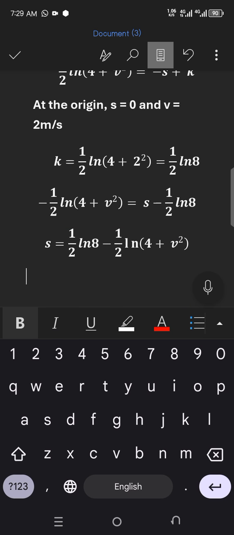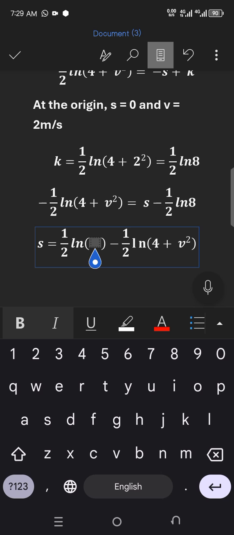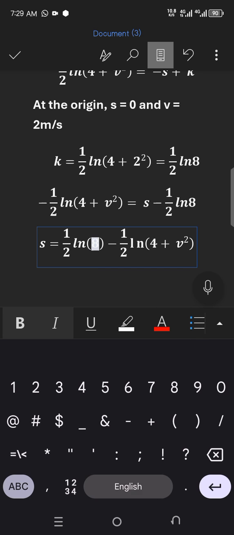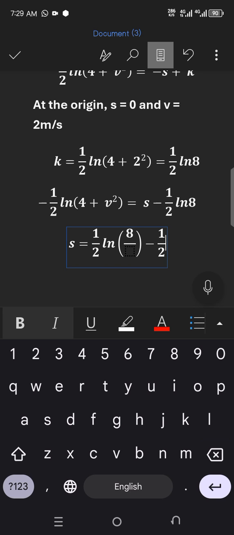Now we are just going to use indices to bring these two together. Since half is common, finally we are just going to have something like 8 divided by 4 plus v squared.